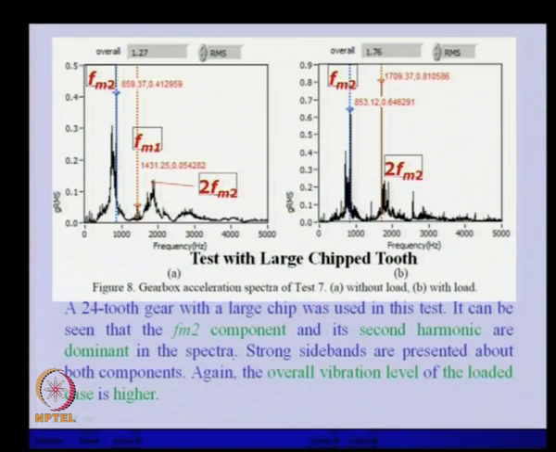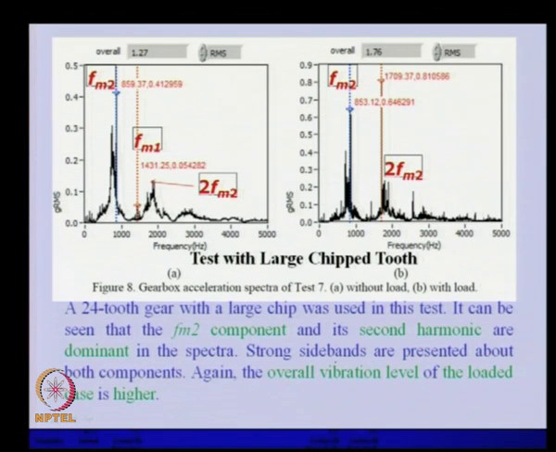That means this is FM2, but the second harmonic, this is the first harmonic of FM2. So, they are predominant. FM1 is not that predominant here, and strong sidebands are present about both components. Sidebands are also there, we will see the zoom view of this also.